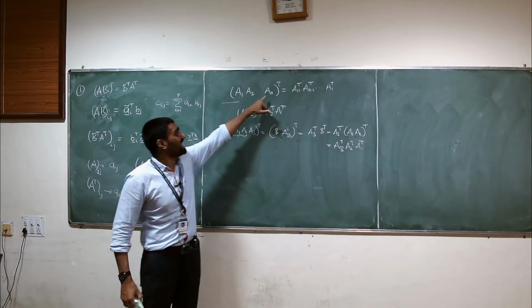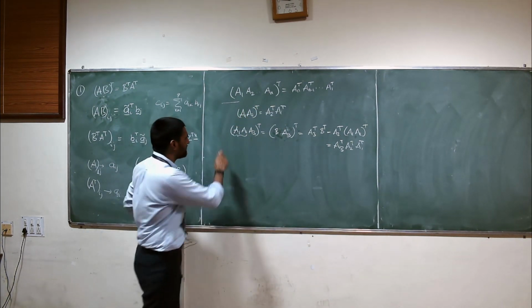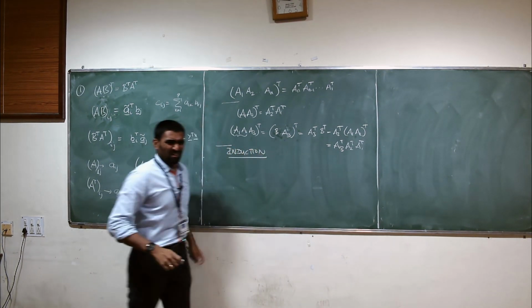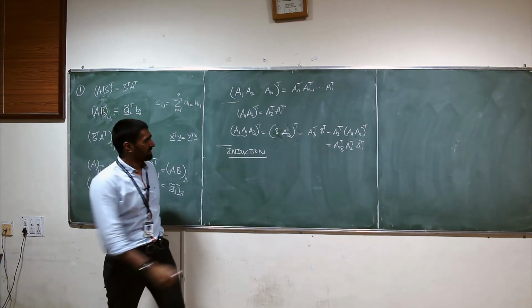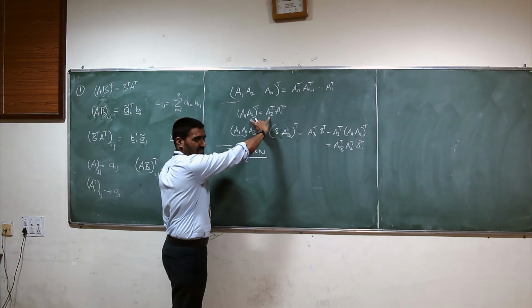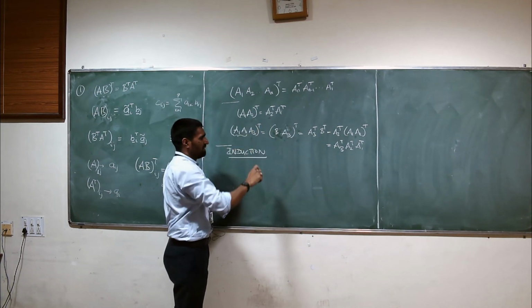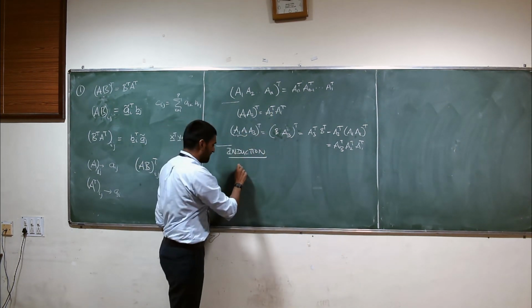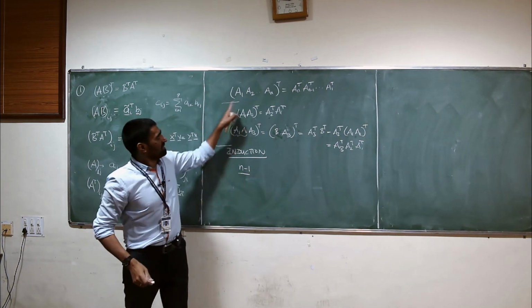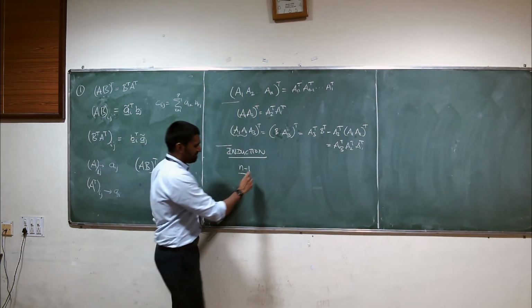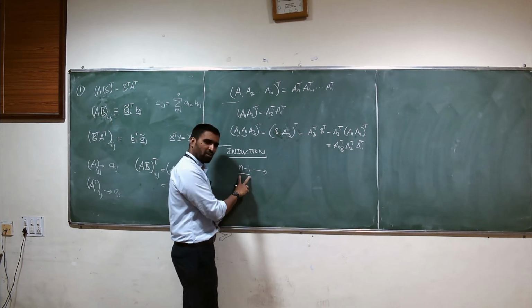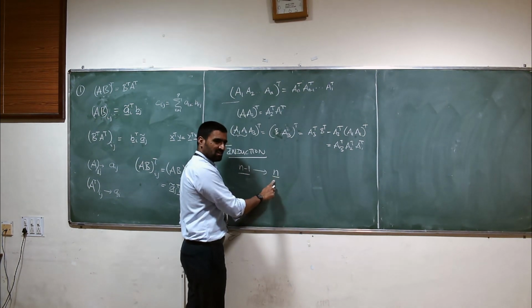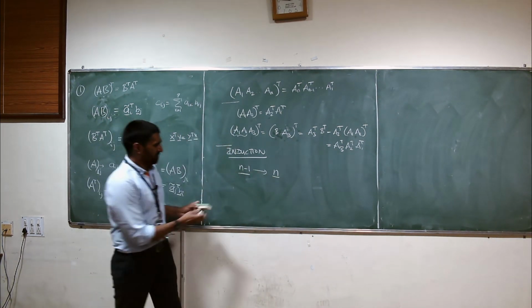Now the question is, is it true for any n? It feels like it is, but one way to show it is induction. Induction is very simple. We know that this is true for the case where n is 2. Now, if we assume that this statement is true for n minus 1 matrix multiplications, and we can show that it's then true for the case n, then it's true for all cases.